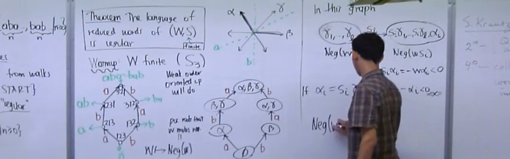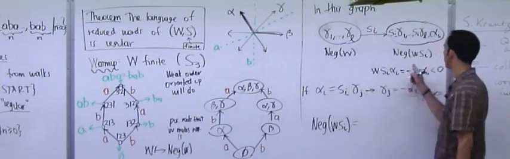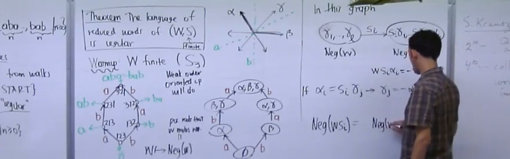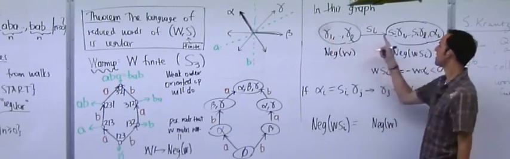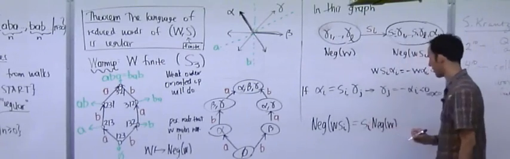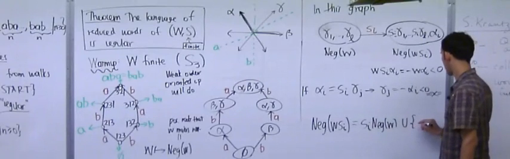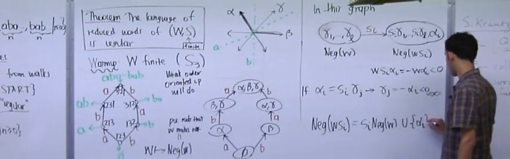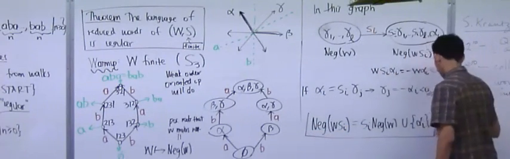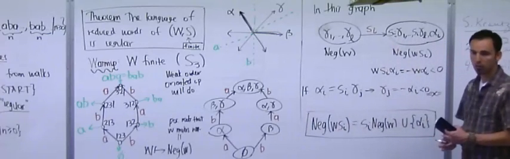I just proved that the negative set of WSi is obtained from the negative set of W by taking all of these guys and multiplying on the left by Si, and then adding alpha i. Okay. Any questions about that so far?